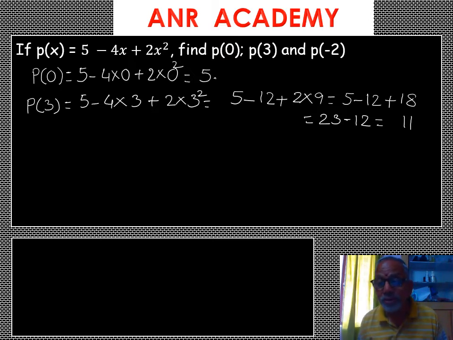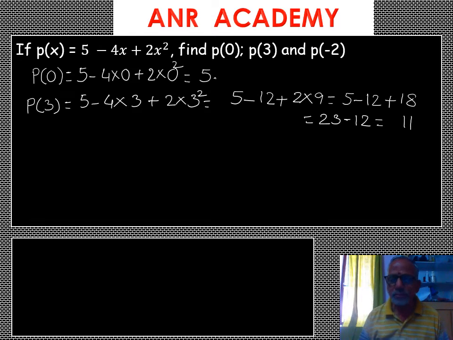Always you should remember what? Whenever you are asked to either add or subtract two numbers having different signs, that means plus and minus, from the bigger number you should subtract the smaller number, and whatever answer you get, you should give the sign of the bigger number.